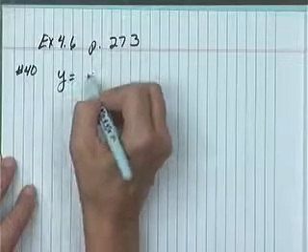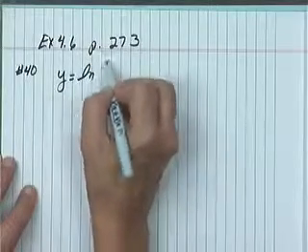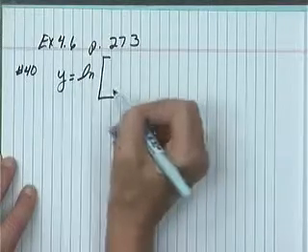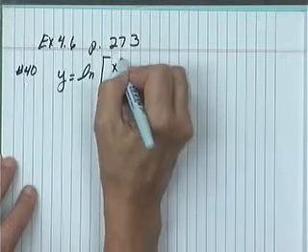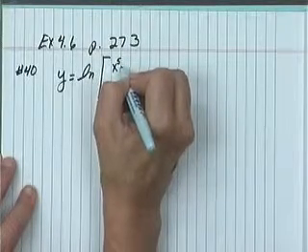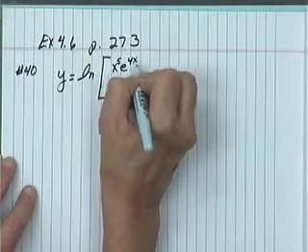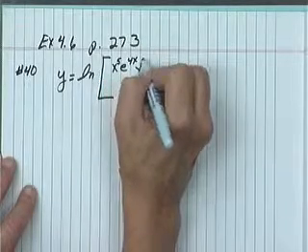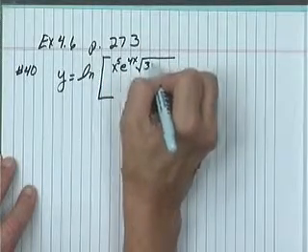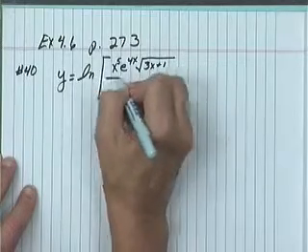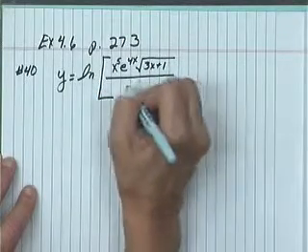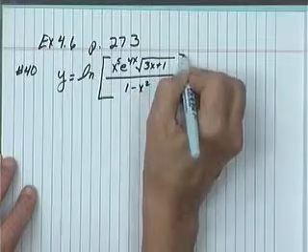So it's y equals the natural log, big square brackets, x to the 5th times e to the 4x times the square root of (3x plus 1) divided by (1 minus x squared).